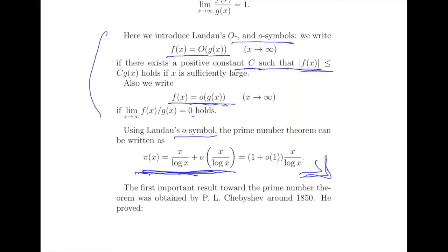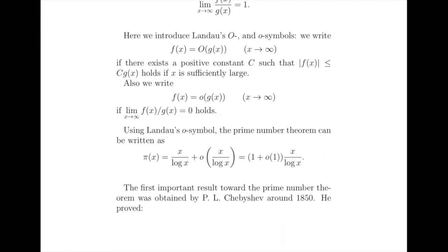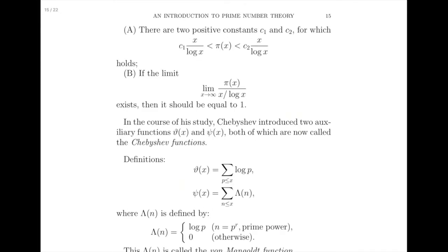Okay, so towards the prime number theorem, the first meaningful contribution was made by the Russian mathematician P. L. Chebyshev around 1850, the middle of the 19th century. He proved the following two facts.